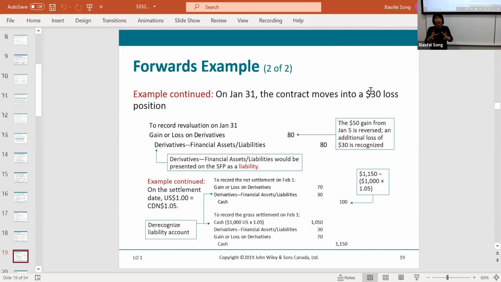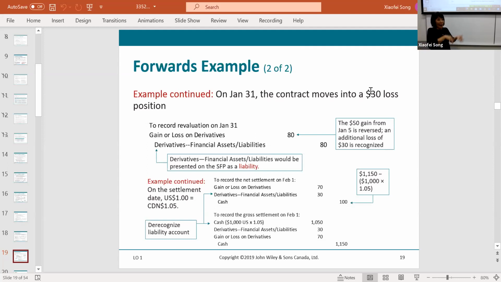It means that on the previous January 5th, having that forward, the forward is valuable. It has a $50 value to company A. Now, on January 31st, the contract is not good for A anymore. The contract is good for the bank. It has a value of $30 for the bank.